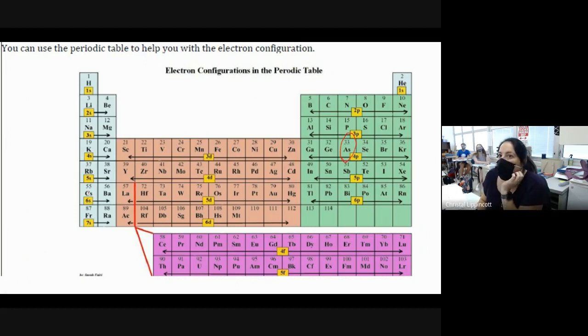I'm going to write down the whole electron configuration for calcium, and I'll explain why in just a minute. 1s2, so don't write this down because it's not going to be the correct answer to start with.